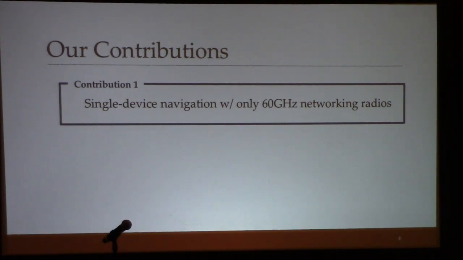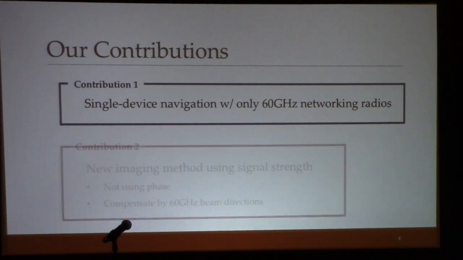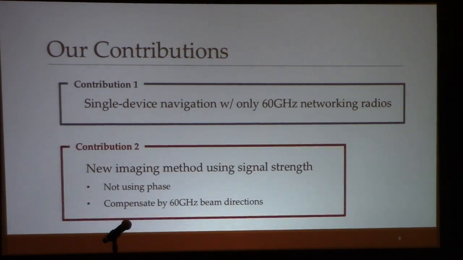We did this with only the 60 gigahertz networking radios. Also, we proposed a new imaging approach using the received signal strength. We don't use the phase of the signal, for system robustness. Instead, we use the 60 gigahertz beam directions. In this talk, I'll focus on the second part.